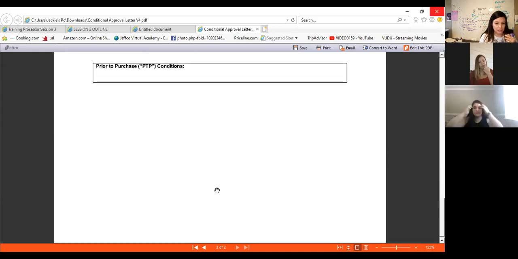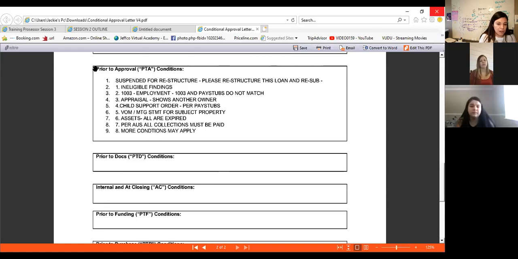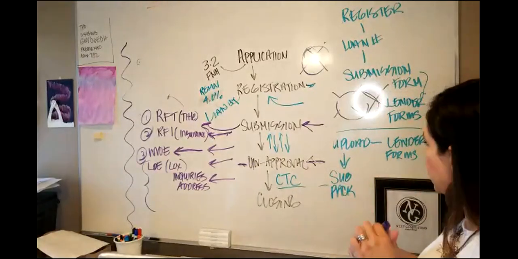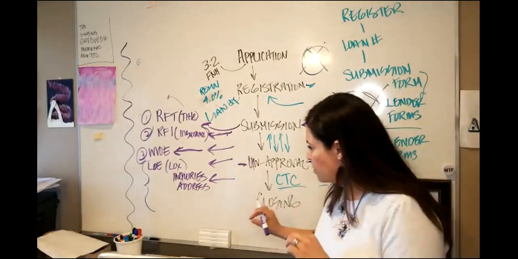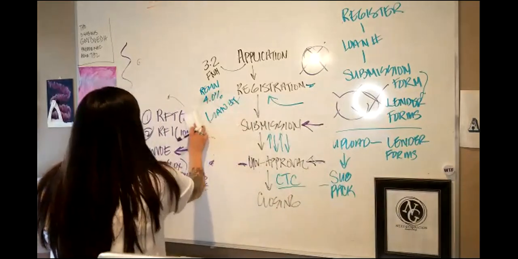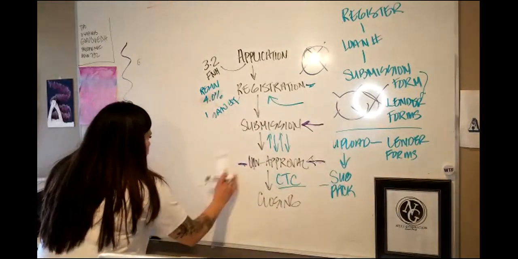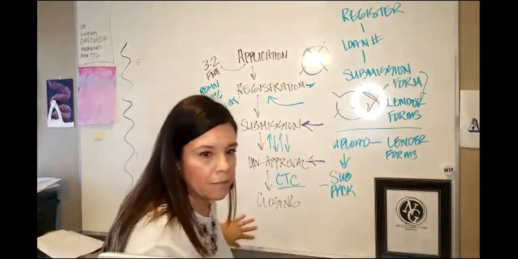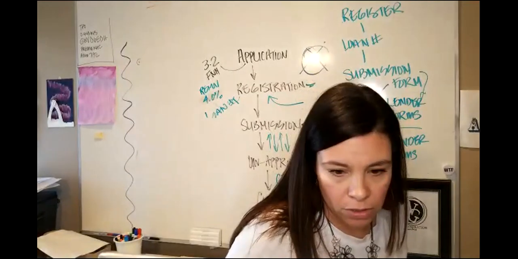Okay, but what you see here, and the most important thing, are the numbers. Most approvals are going to have numbers right here. I don't know why it has a second set of numbers. I don't really care. But what I'm going to show you is that when you start collecting your conditions, you're going to label your conditions to match your approval.